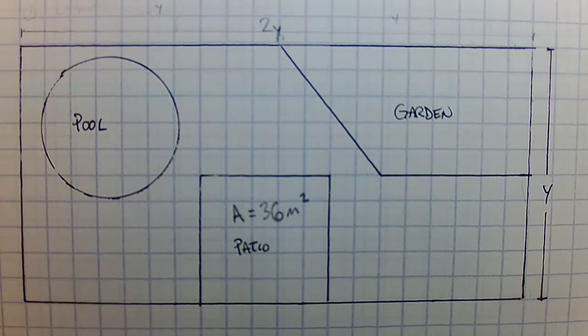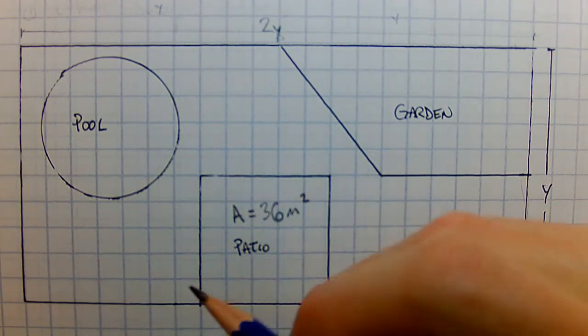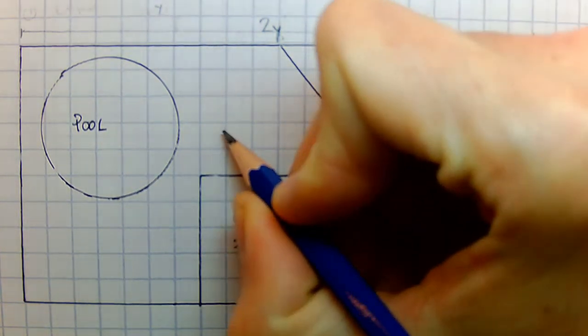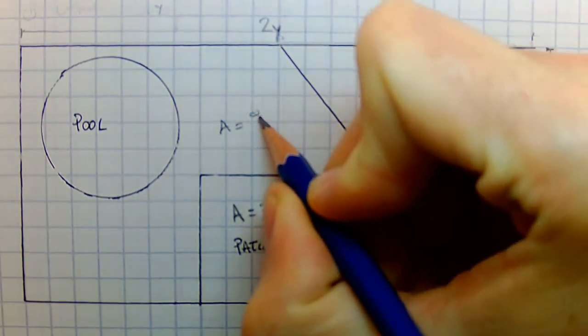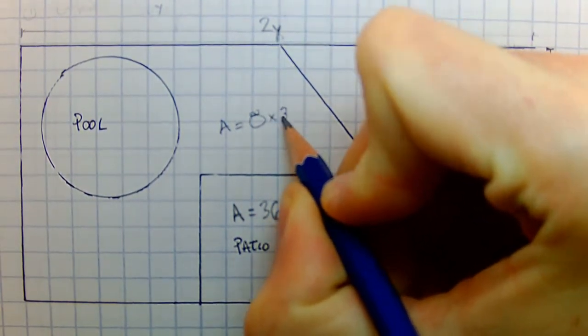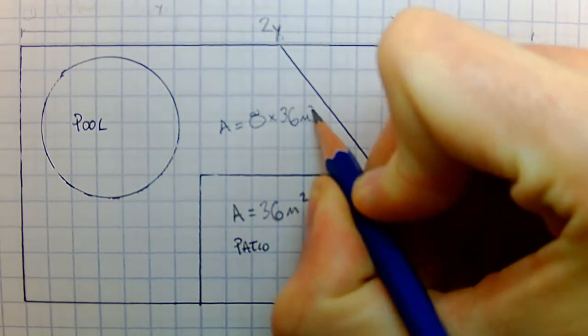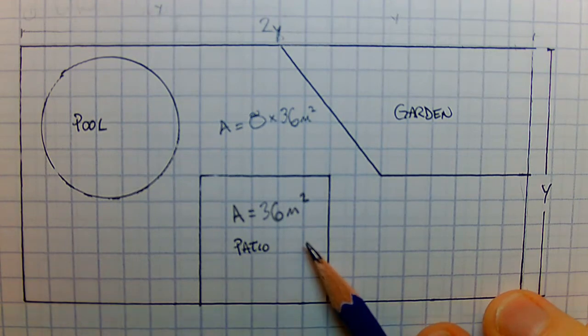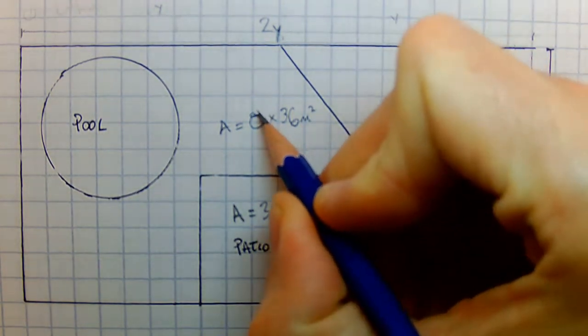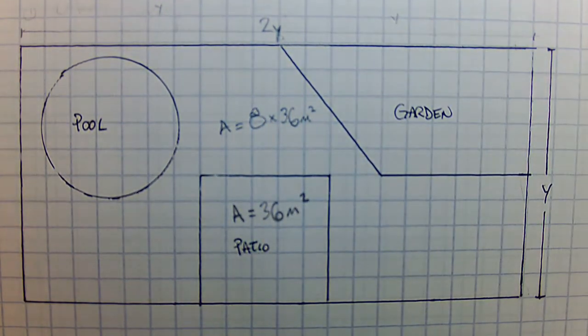So the total area of the yard, we can make a note. We can say this area is 8 times 36 meters squared, since we know that 36 meters squared is 1/8 of the overall area. So that tells me the area of the overall rectangle.